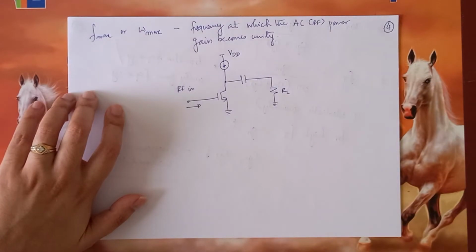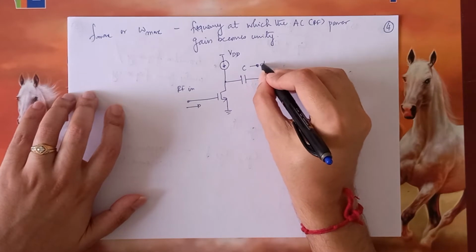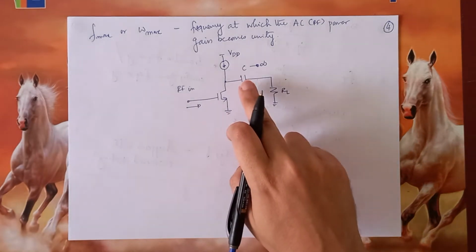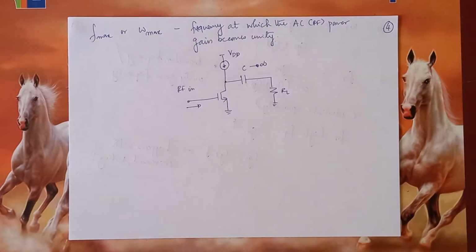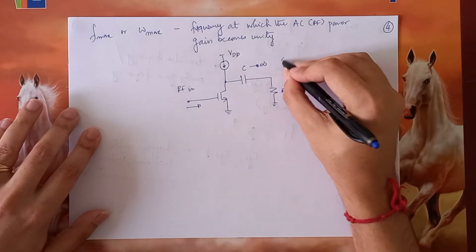Let us say for the purpose of analysis, this capacitance is very, very large. So it does not play any role in offering any impedance at a very high frequency. So at very high frequency, this almost acts like a short circuit. But at DC, this is able to block. So this DC blocking capacitor does not play a role.